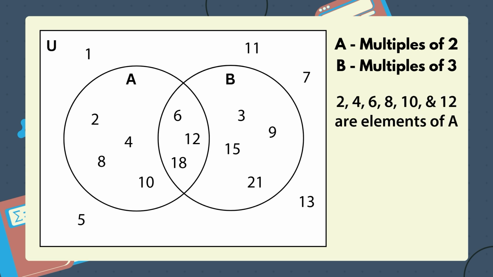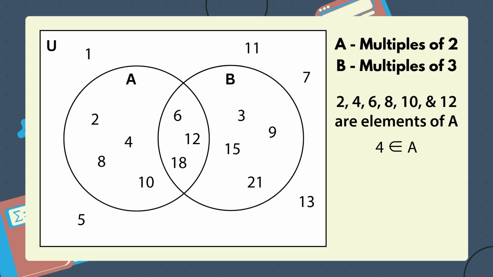One thing we can say about this diagram now is that the numbers 2, 4, 6, 8, 10, 12, and 18 are elements of A. Each number is what we call an element.